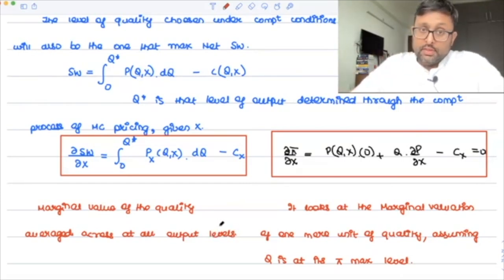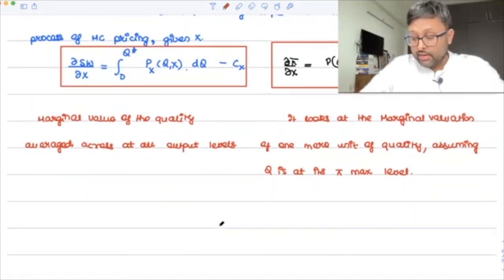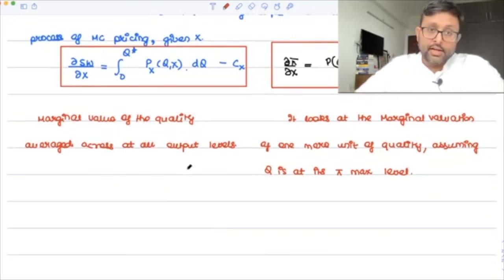Then he says a very beautiful line. Nicholson says that even if the monopoly and the perfect competition chose the same output level, they might still choose different quality levels. They might choose the same output level, supposedly, but they might choose different quality levels, because here this is averaged out across all the output levels, while the monopolist is looking at the marginal valuation for one unit.